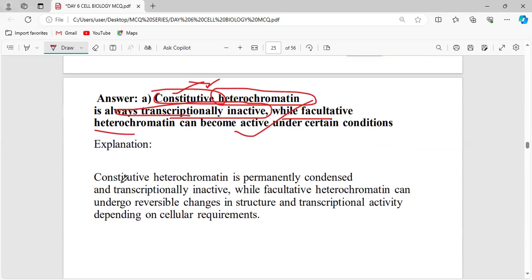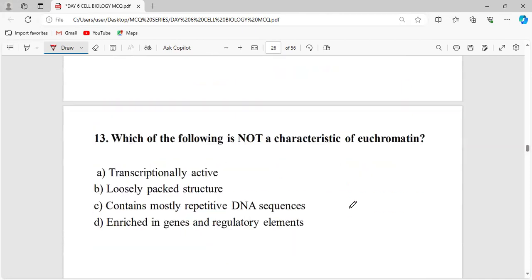Constitutive heterochromatin is permanently condensed, and facultative chromatin can undergo reversible changes in its structure. Sometimes it is transcriptionally active and many times it is inactive. It is reversible, while constitutive is permanent.